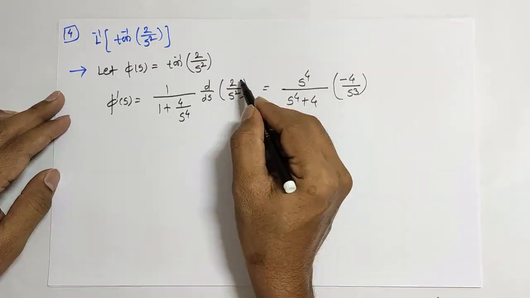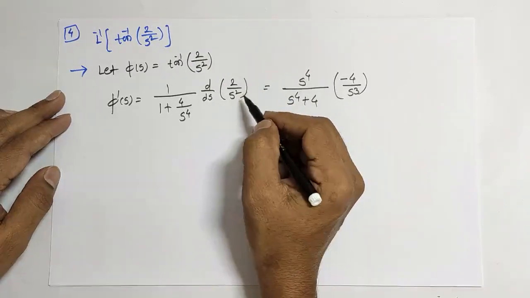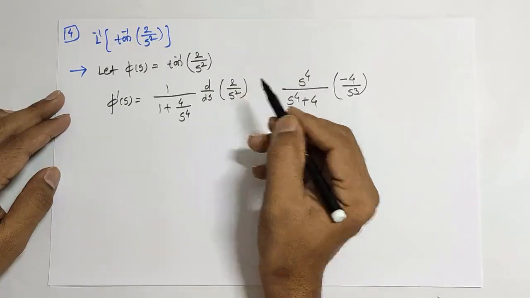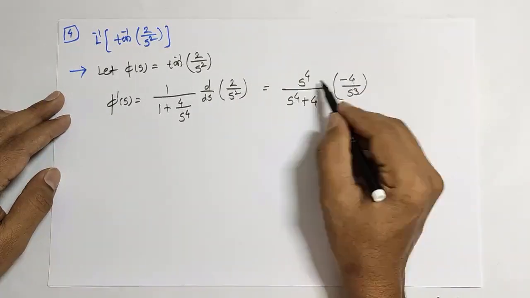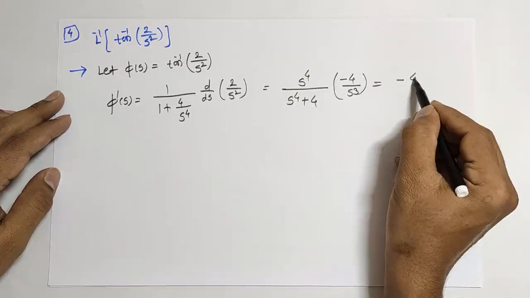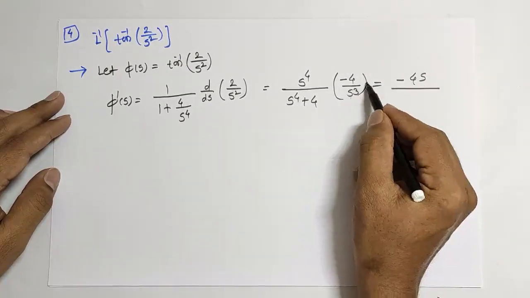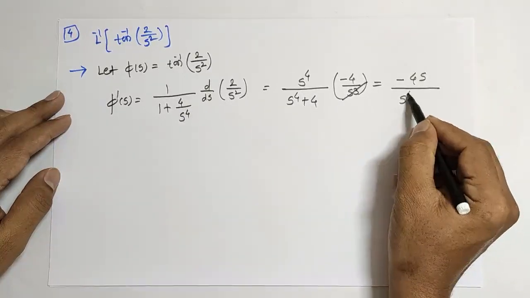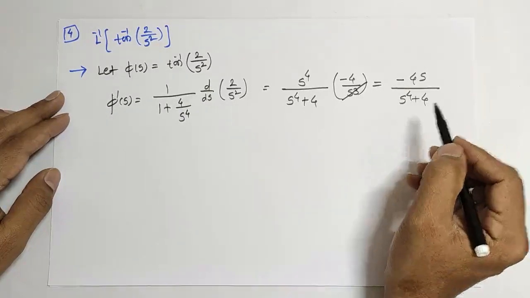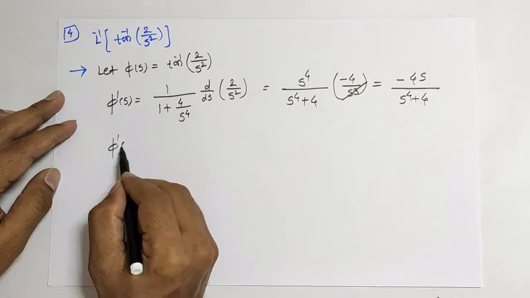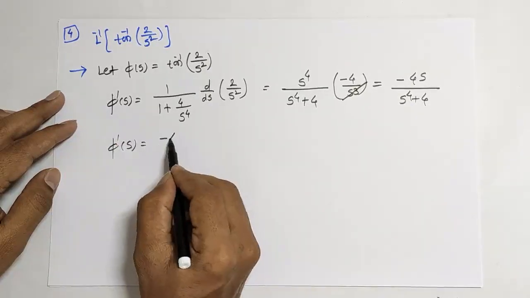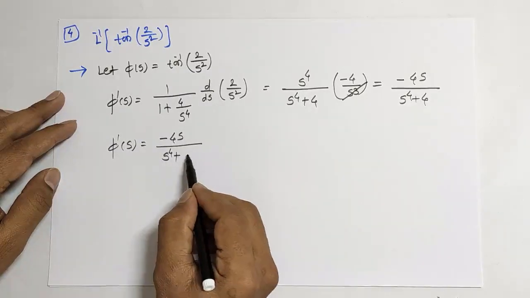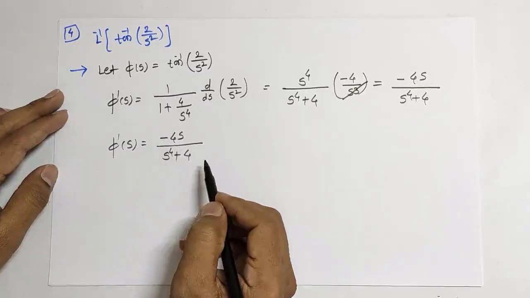This is s raised to minus 2 will come in the numerator and s raised to minus 2 का होगा minus 2 into s raised to minus 3. So here one term is cancelled, so minus 4s upon s cube is cancelled here. So minus 4s upon s raised to 4 plus 4. So student, we have this minus 4s upon s raised to 4 plus 4.